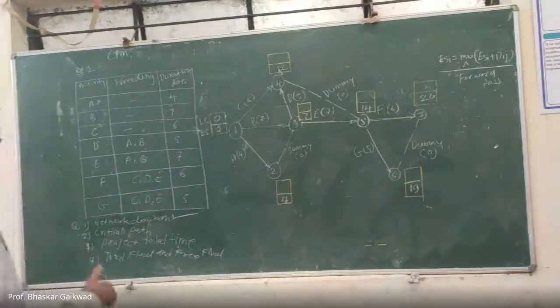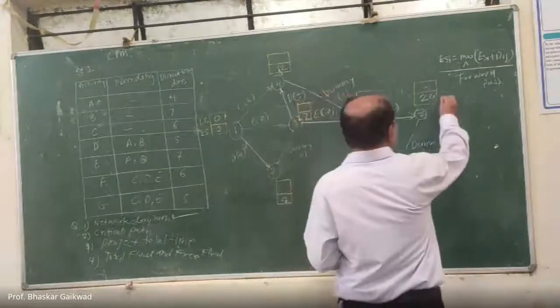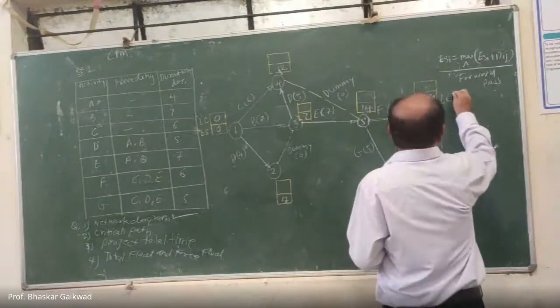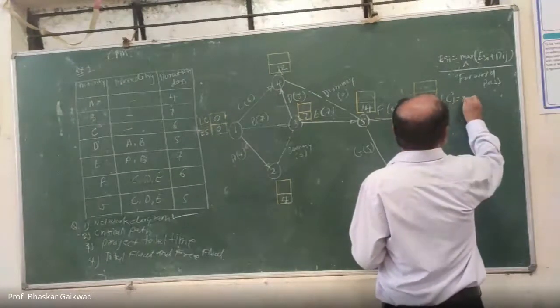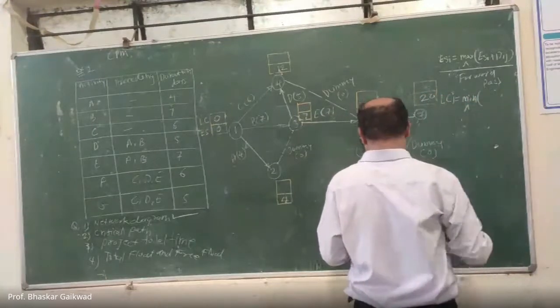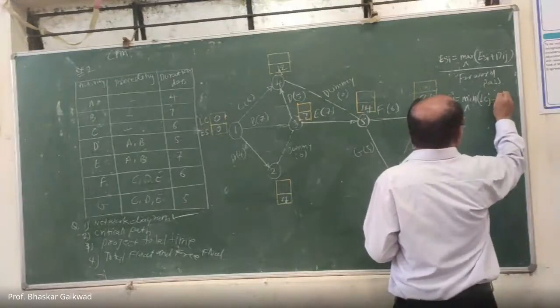Okay, this is called forward pass. Now we'll go for backward pass. So what is the formula for backward pass? Latest completion LCJ is equal to minimum of LCJ minus DIJ.